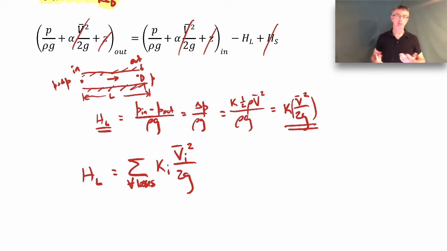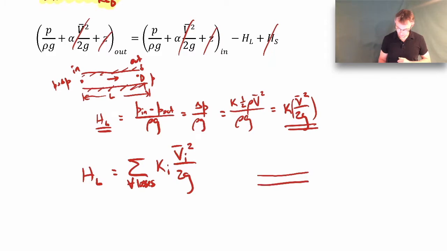It's a mathematical symbol just saying for all. So for all the different loss mechanisms, major losses and minor losses, the total head loss will be the loss coefficient corresponding to that loss, times the velocity head where that loss is occurring. Okay, so what I mean by that is, let's say we have the following situation.